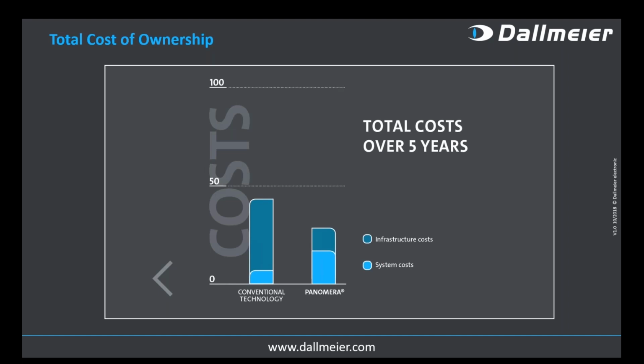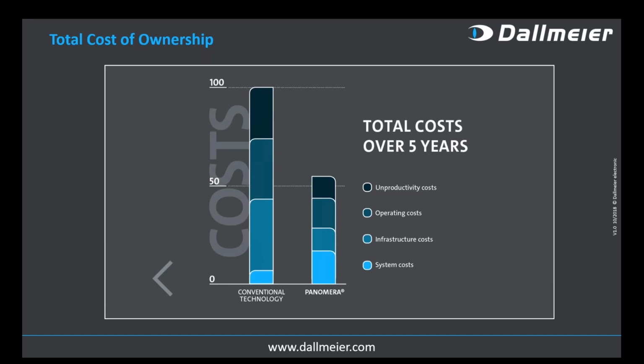I just had a look at my infrastructure offering from the competitive situation, and it was almost exactly 50% of the total cost, including the cameras, that the Dallmeier solution came up with at the end. Operating cost, I was hopefully able to give you an idea about how you save there.